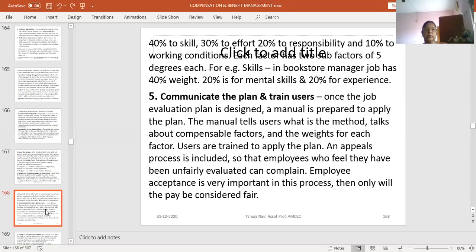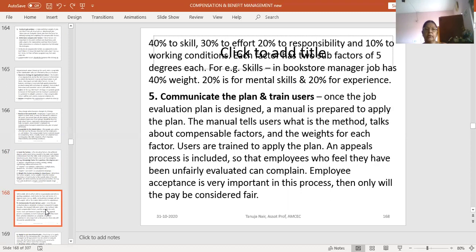So like this, a committee will decide weightage for each of the compensable factors which you have determined for each job. Each job will have many compensable factors. Like take this bookstore job. Skill is there, effort is there, responsibility is there, working conditions is there.